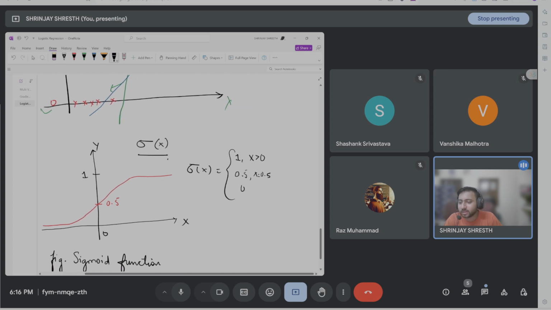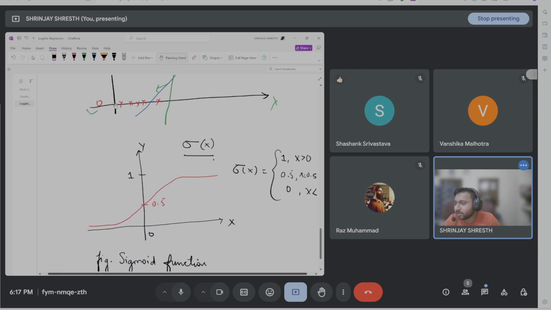And it will give you 0 if your x is less than 0. यही हो रहा है. If you see this graph, ये सारे values के लिए your value is 1. ठीक, अगर हम यहाँ पे आएंगे तो the value is 0.5. And if you see here carefully, whatever negative values you may take, okay.